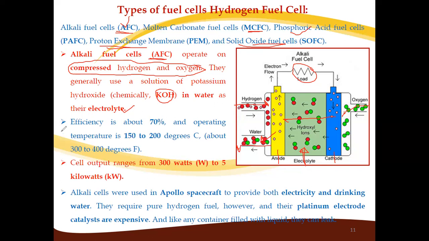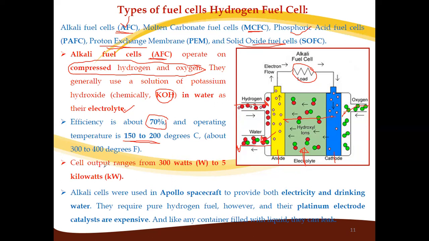The efficiency of this fuel cell is about 70%, and the operating temperature is also very low, up to 150 to 200 degrees Celsius, that is about 300 to 400 degrees Fahrenheit.